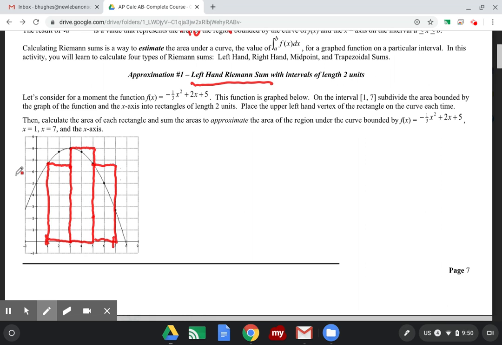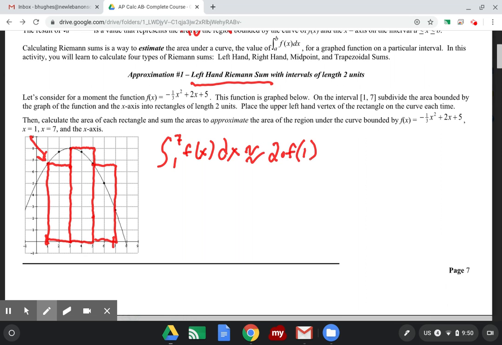So we're estimating. We have the integral from 1 to 7 of our function is approximately, and now I'm going to find the area of each rectangle and then add them up. The very first rectangle is 2 units wide times the height of that rectangle, given by that function value right there, which is f of 1.